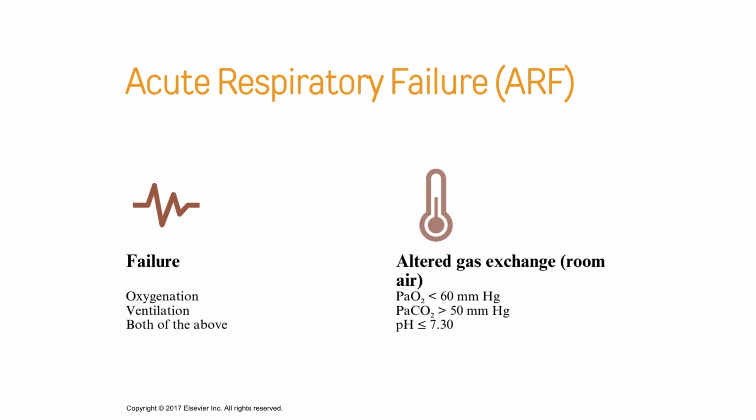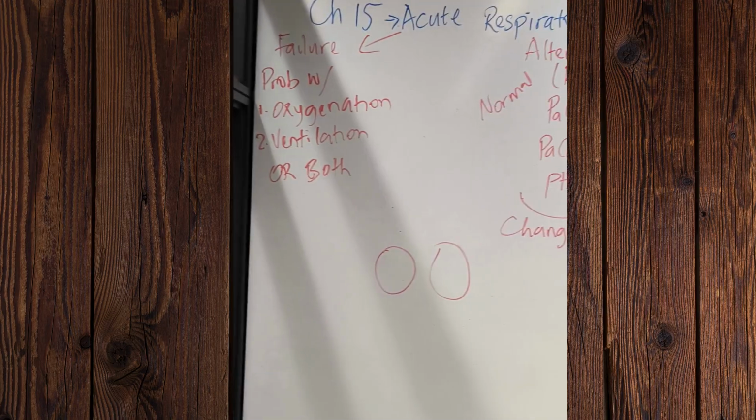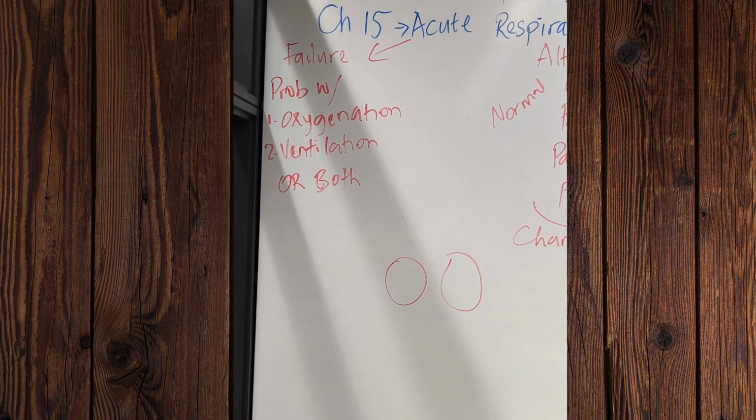So ARF, which is acute respiratory failure, is when your lungs can't do their two main jobs, which is to get oxygen in, oxygenation failure, and then to get carbon dioxide out, ventilation failure. So literally this is what it means.